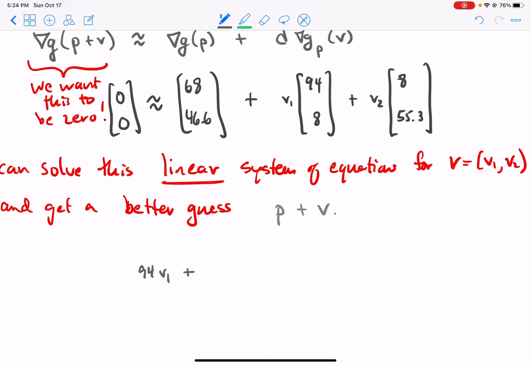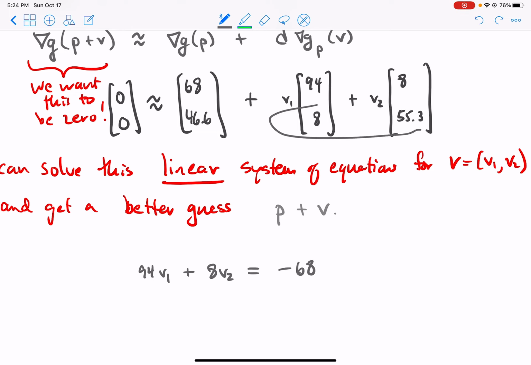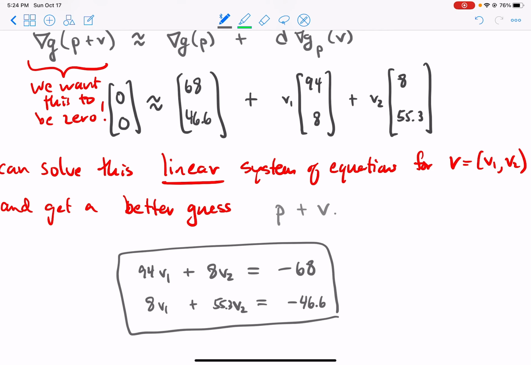94v1 plus 8v2 equals negative 68. I just looked at this top row and I moved the 68 to the other side. Now I look at the bottom row and I get 8v1 plus 55.3 times v2 equals negative 46.6. And this we can solve.